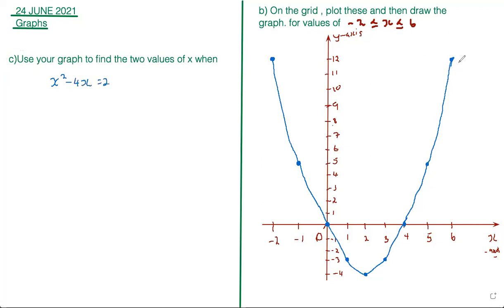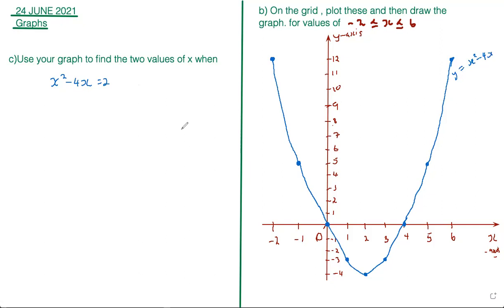Remember the name of this equation is y is equal to x squared minus 4x, right? That's the equation. Now they're saying that when it's equal to 2, can you solve it? Tell us the value of x when this graph is equal to 2.